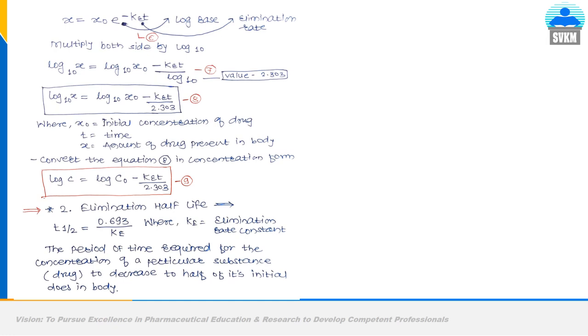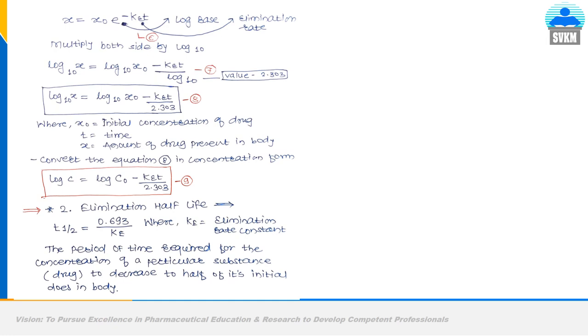Now take log to the base 10 on both sides. Log x is equal to log x0 minus Ket upon log 10, that is equation number 7. Now put the value of log 10, that is 2.303, into equation number 7. You will get equation number 8.